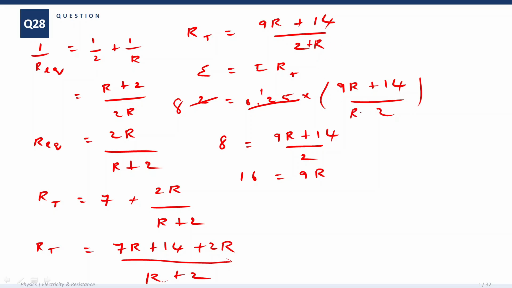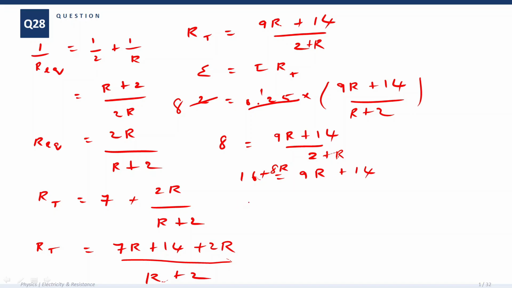Then I will get 16 plus 8R. So this is 2. 16 plus 8R equal to 9R plus 14.